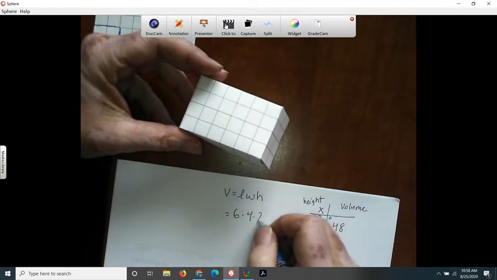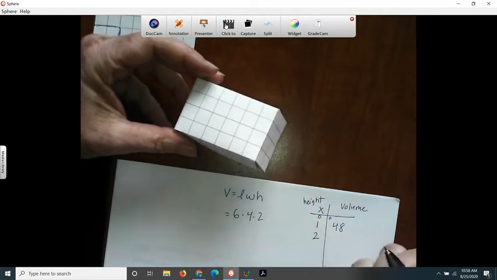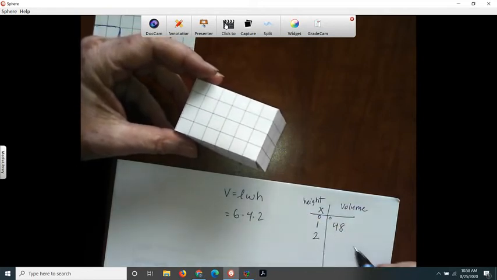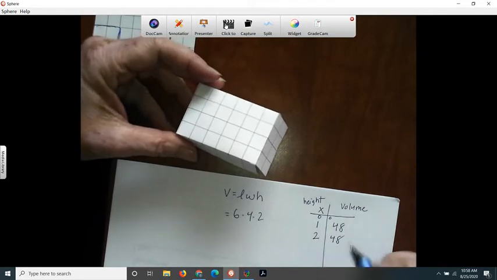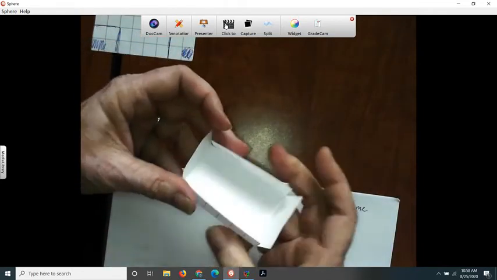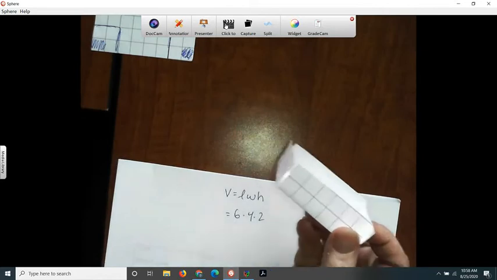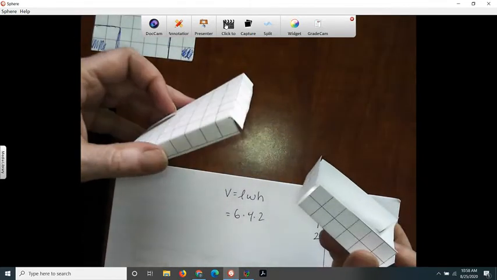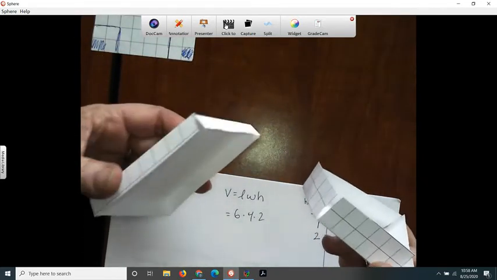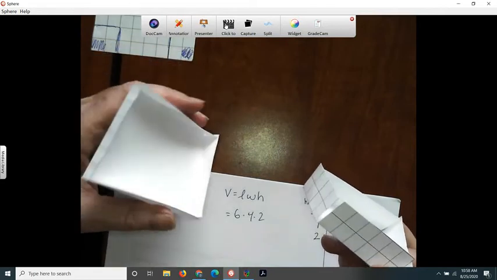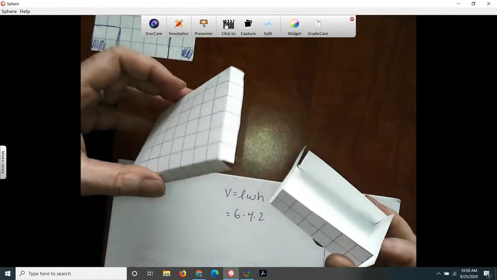Hey, well that's 48 again. So you can imagine this one and this one, they both hold the same amount of material, whether it be marbles or whatever you're going to pour into this box. Sand, chocolate, maybe they're chocolate bars or something.